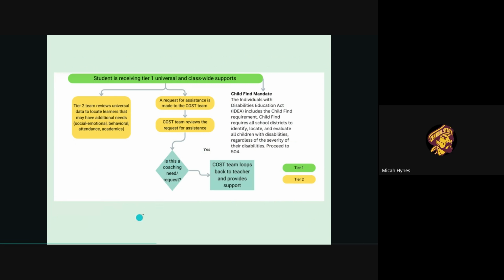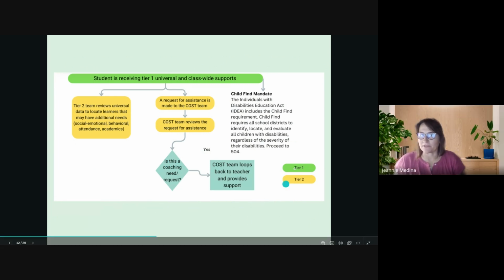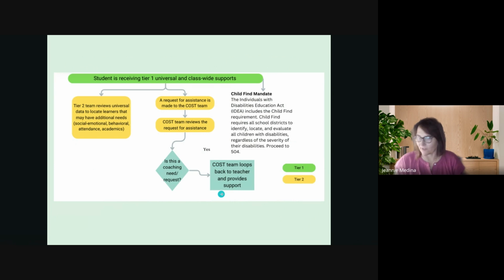Well, SSTs are technically the gateway that happens after this, right? And so we would want to make sure that the student has received and been guaranteed all tier 1 supports, and that they have been given the opportunity to have tier 2 supports in order to give them the most liberation possible.